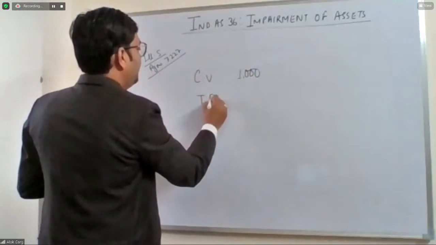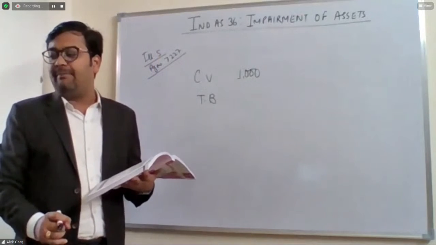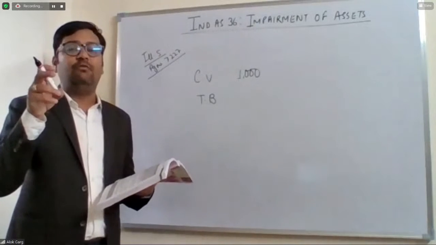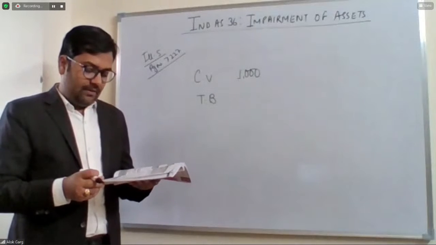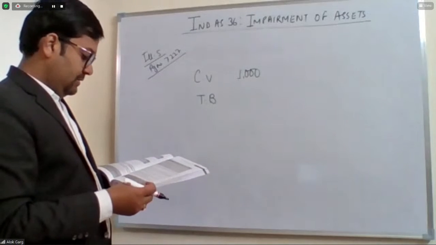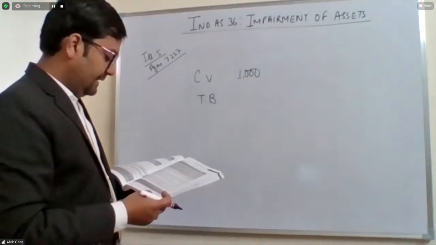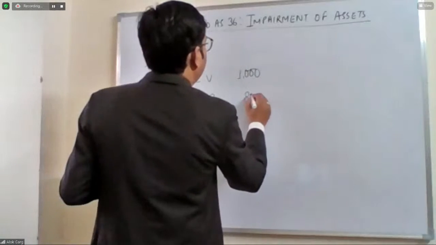And what is your tax base? What is meant by tax base? Tax base means if you prepare the balance sheet as per income tax provision, then what is the carrying value, what is the asset and liability in that tax balance sheet? So the carrying value is 1000, recoverable amount is 650, and the tax rate is 30%, and tax base of the asset is 800. So tax base is 800.